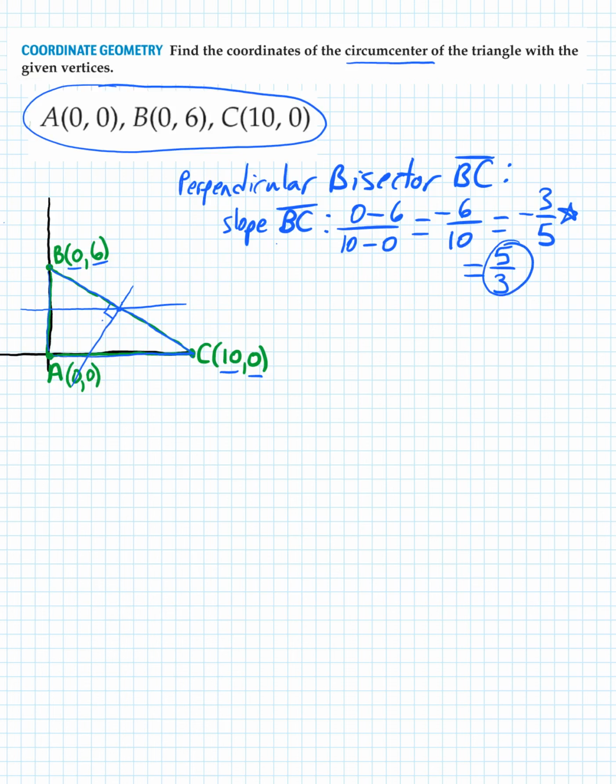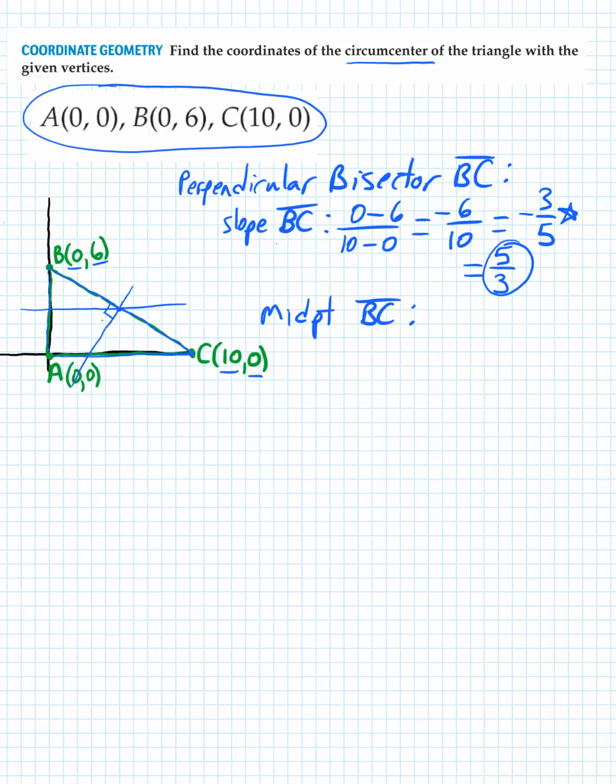So we got the slope. We're trying to write the whole equation of the line though, so we also need a point that this line goes through. The easiest point to find would be this one right here, which is the midpoint of BC. So next let's find the midpoint of BC. Midpoint's really easy.